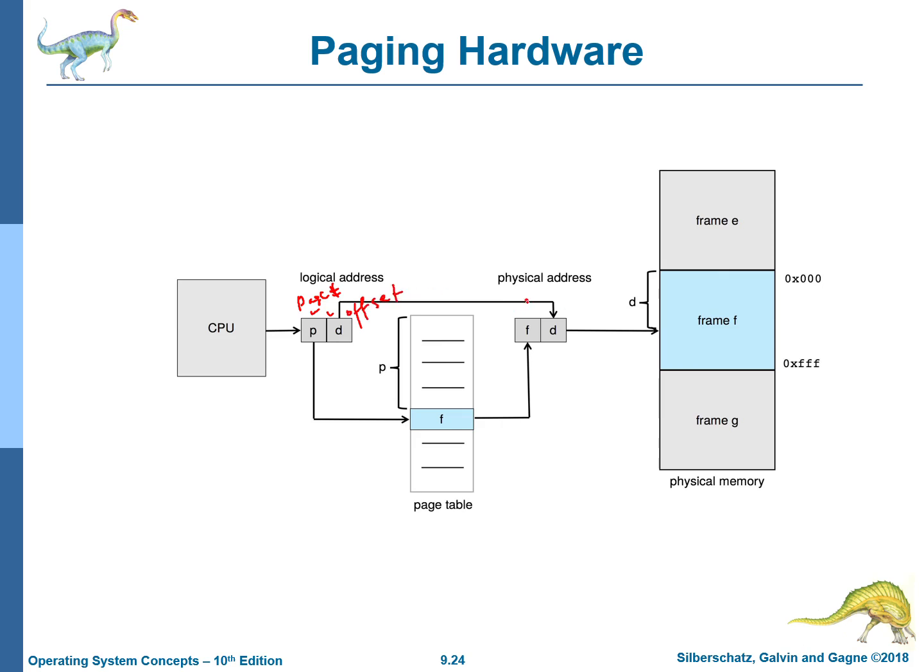And here we have the frame number, and we have the offset. Now suppose we have some frame to locate, then how do the page number and offset actually work?